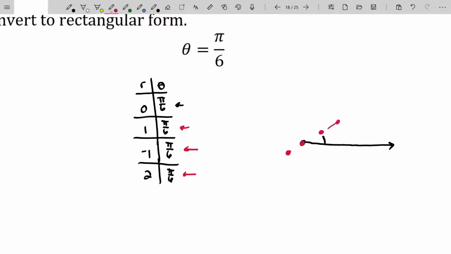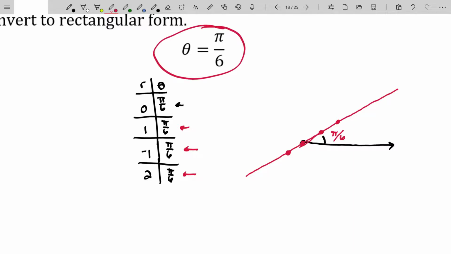If you could tell, it's plotting a line where the angle that line makes with the pole is pi over 6. And that's what this is. It's a line going through the pole with an angle of pi over 6 from the polar axis.